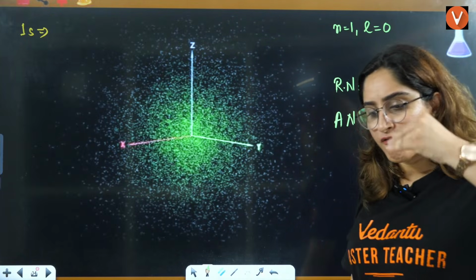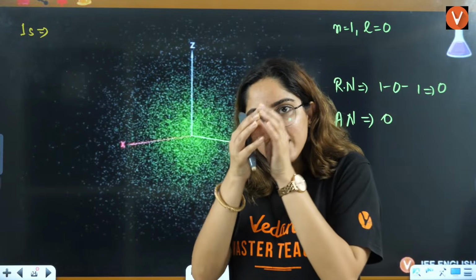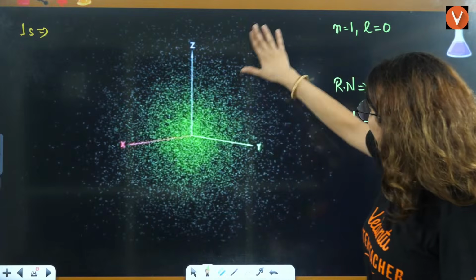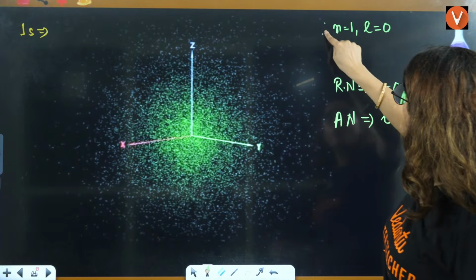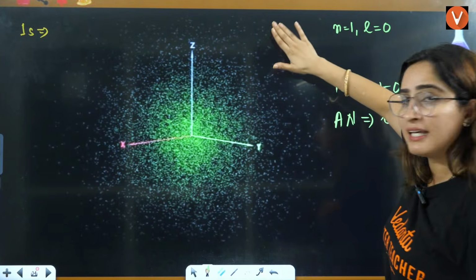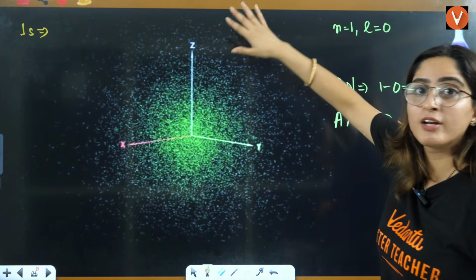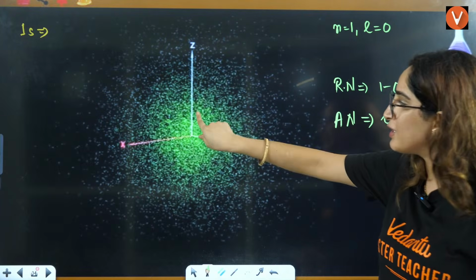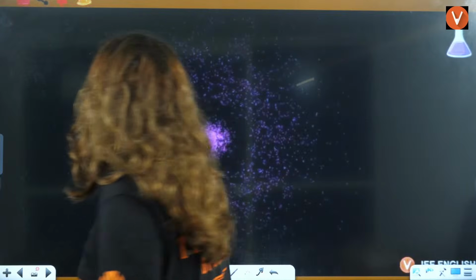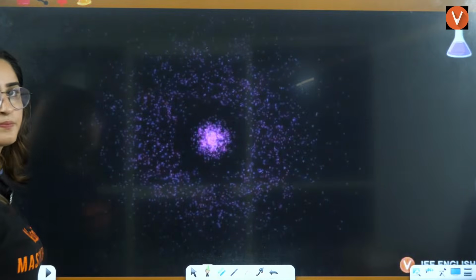A node is when after a gap, it is again increasing. Can you see more density of electron here? No. If it is only decreasing, with no increase after it, then that will not be a node. So can you see any node here? No.